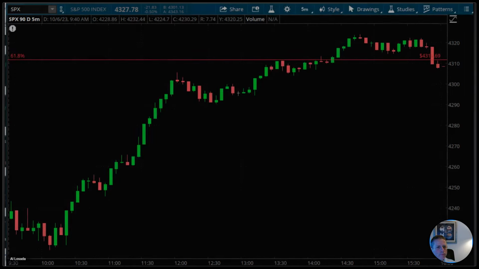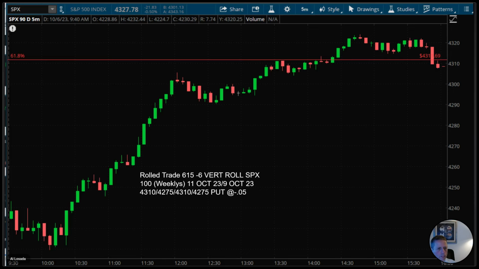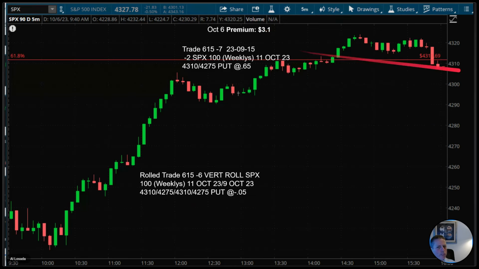Okay, so now we have the roll here, and we got it for 5 cents on that, and then we put on a new position, 65 cents. And so now we're ending up with $3.10.